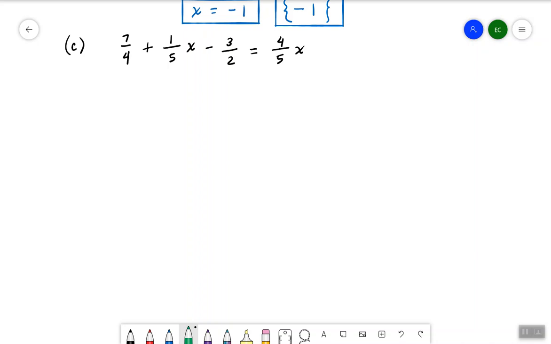There's more than one way to solve an equation that has fractions in it. The way that I'd like to do it is I would like to clear the fractions in the first step.